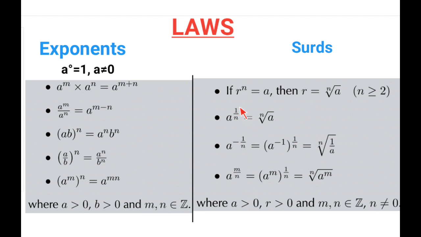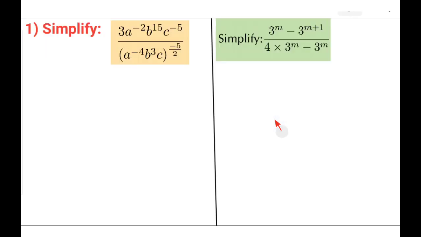Similarly, if you've got a to the power of 1 over n, that can be expressed as the nth root of a, which is still a to the power of 1. That's just an overview. Now let's look at some examples of how we apply these laws and how we solve problems on surds and exponents.